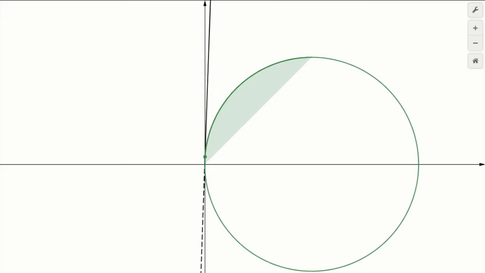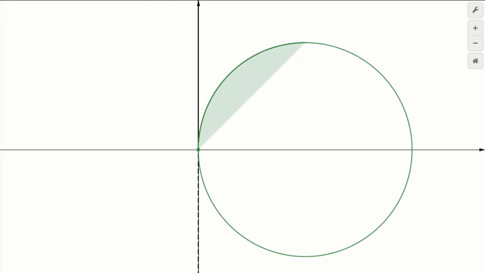Now here we are right at pi over 2. As we change from pi over 4 to pi over 2, we have created this amount of area bounded inside the curve and between the two angles right there.